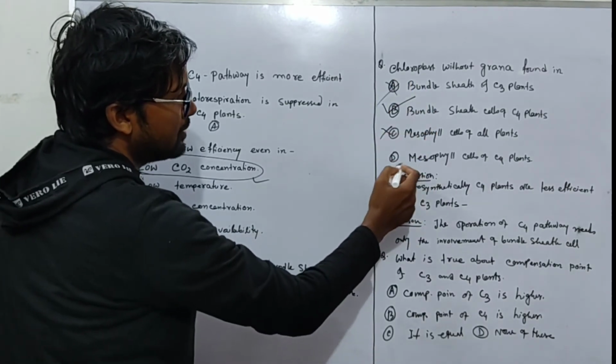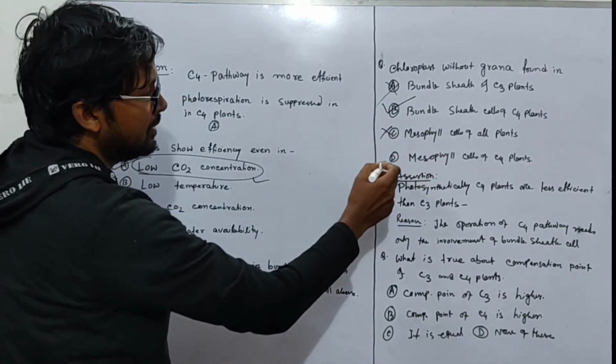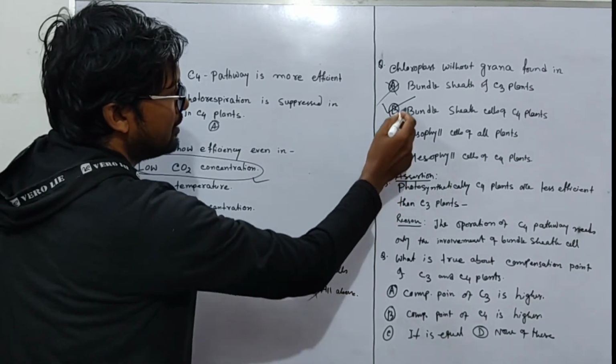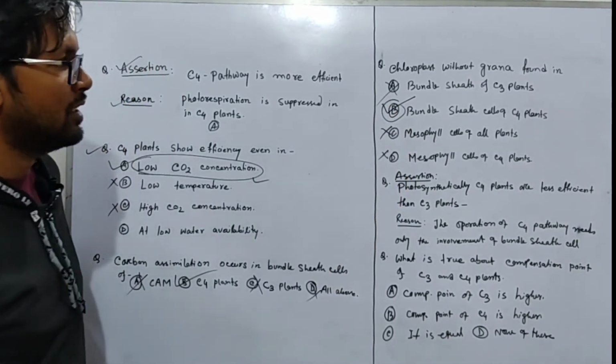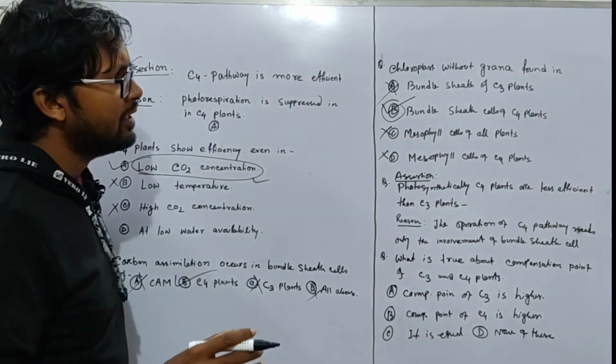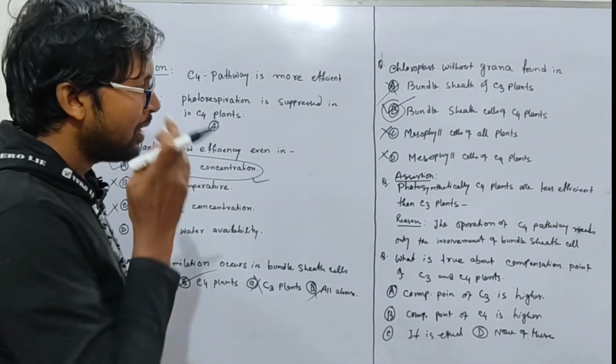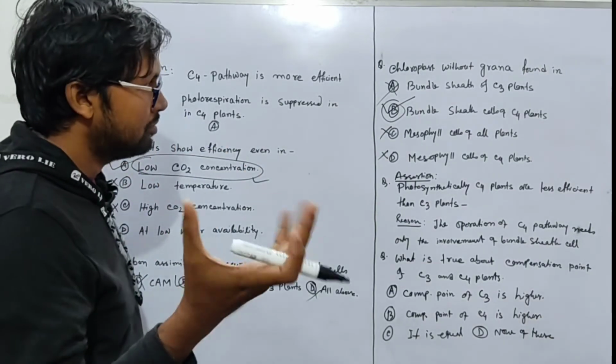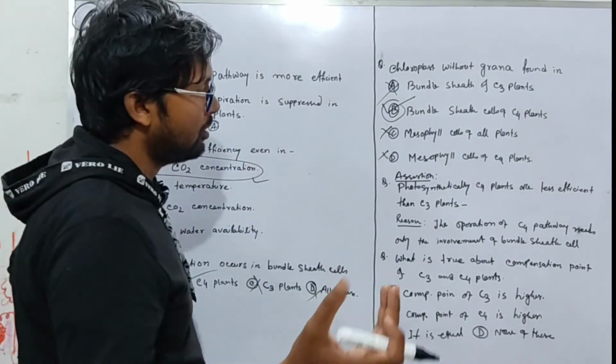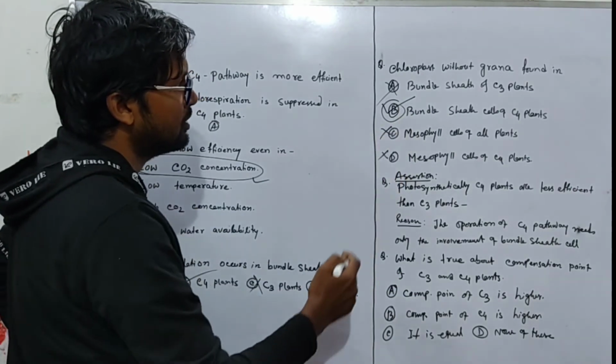Mesophyll cells of C4 plants need grana because the light reaction is needed. So this is not the right answer. This is the right answer: bundle sheath cells of C4 plants do not need any light reaction. Bundle sheath cells are only for the Calvin cycle, for the synthesis of carbohydrate or hexose molecules.